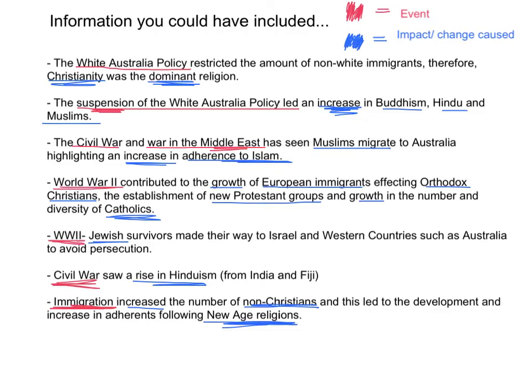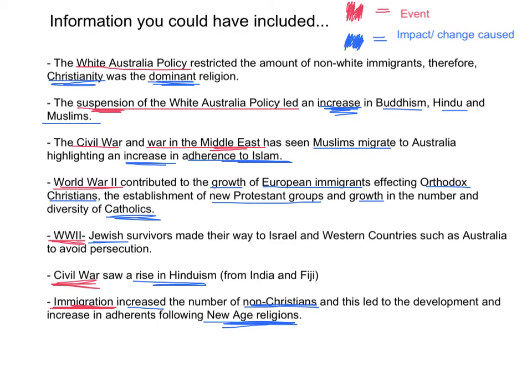Some of the strongest answers addressed the question requirements and pinpointed the events and the impact or change that these events had caused in religious adherence in Australia post 1945. These answers included some to all of the following information.